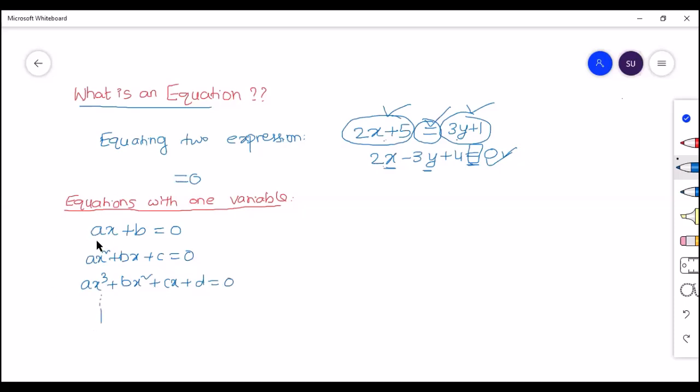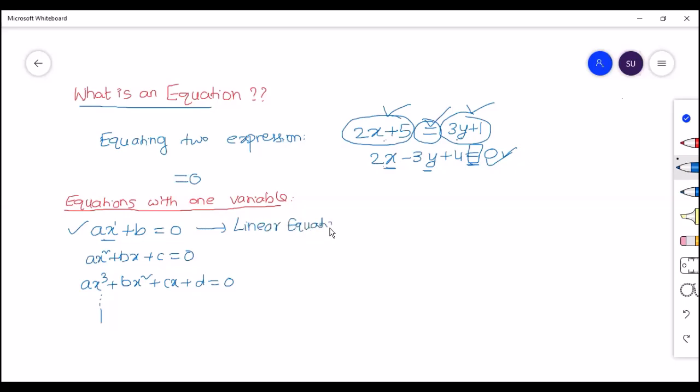Observe here the degree of the first equation. That means x power, how much is it? x means x power 1. So when the degree of the variable is 1, we call that equation a linear equation. Correct?